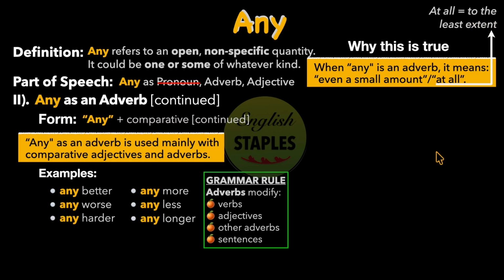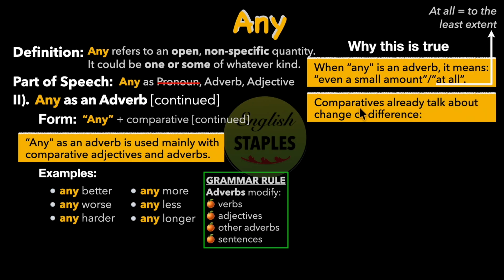It's making a change or an adjustment, even a little, when we use that word any, because it's open and non-specific with quantity. We don't know. We're trying to show how true this is, having any working with comparatives. We have established that any is even a small amount or even a little or at all.